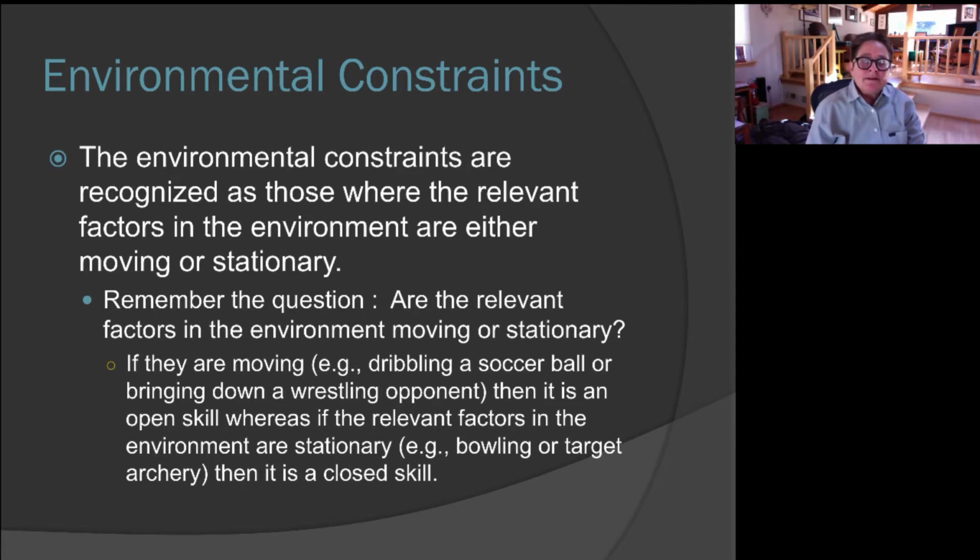Then it's an open skill because the relevant factors in the environment are moving. Stationary skill examples would be bowling because the pins are stationary, the ball is in the control of the performer. And another example would be target archery. The target is stationary. The relevant factors in the environment are stationary.